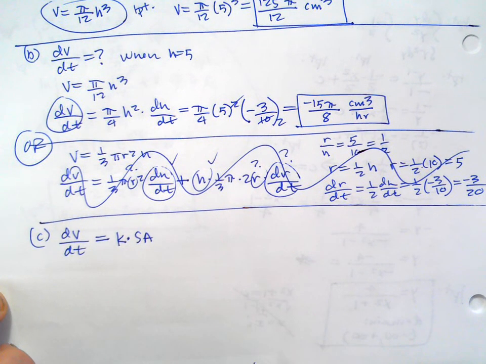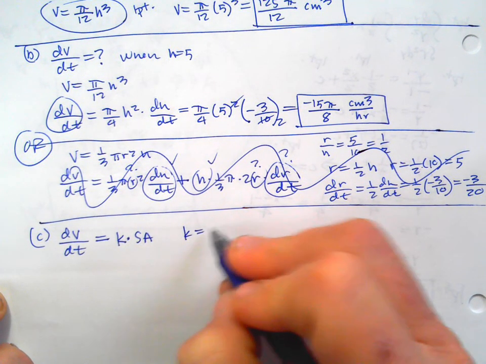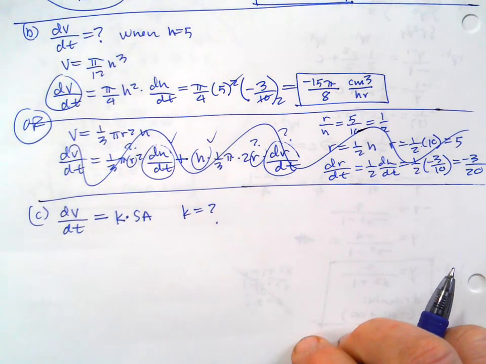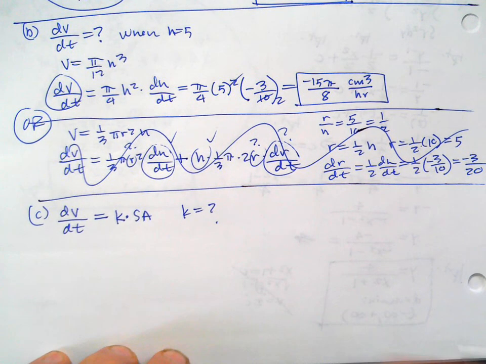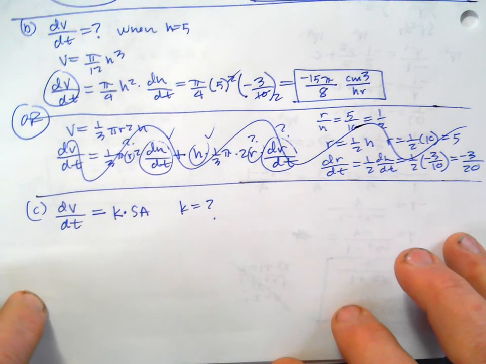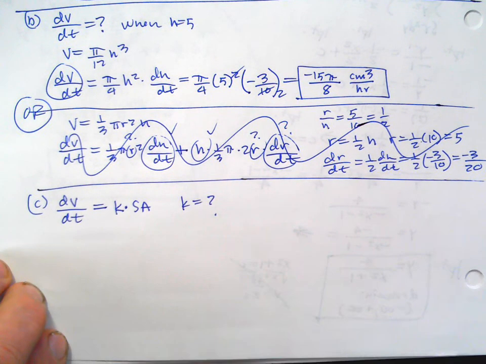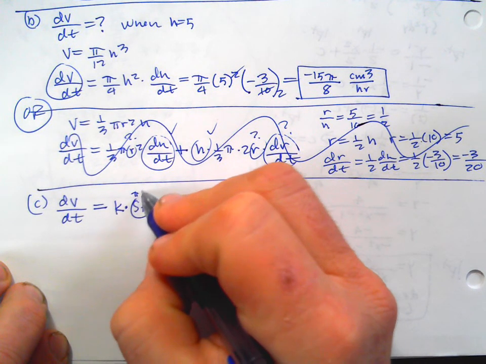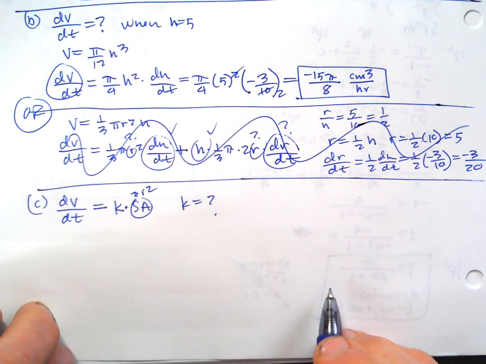And then they want to know what the constant of proportionality is, which is what we usually use k for. You can use any constant. Directly proportional means times the same value all the time. It's like a linear kind of relationship. So that's what they're saying. Now surface area is pi r squared, so we probably want to get an answer that has pi r squared in it.